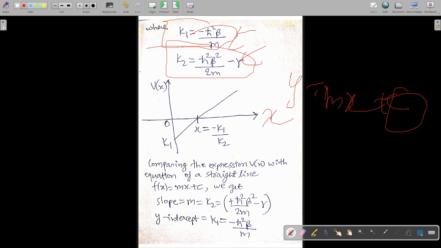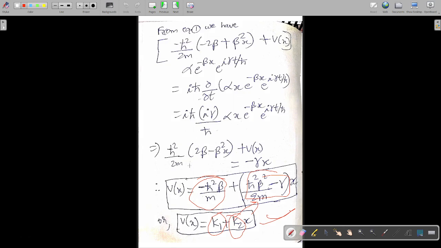In order to get the y-intercept, we need to put x equal to 0. As soon as I put x equal to 0 over here, I will get the y-intercept. So what will it be equal to?